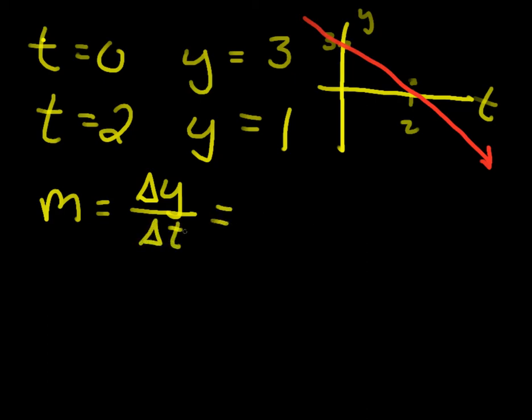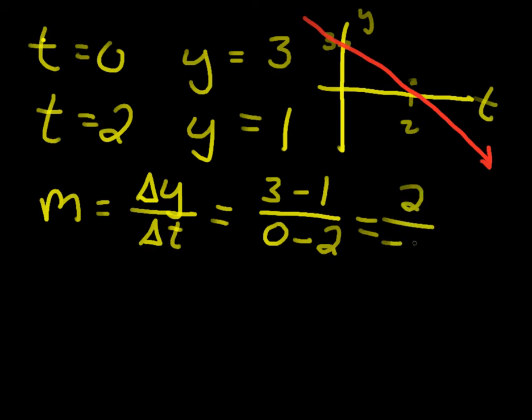But just because I changed to a different variable doesn't change the slope idea. So it's still 3 minus 1, our position when time is 0 and our position when time is 2, divided by 0 minus 2, which is 2 over minus 2, or minus 1.